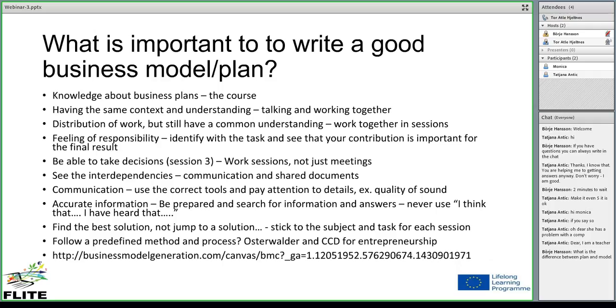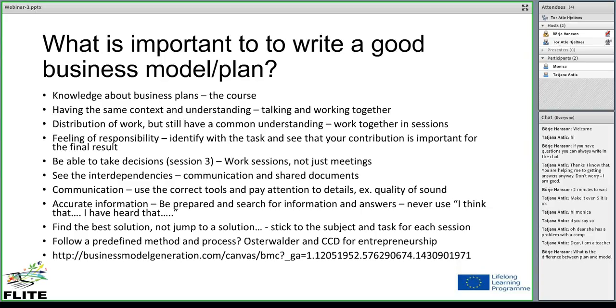all the people involved in the writing, all the people in the group, should have the same context and the same understanding. Because if maybe Mario from Spain has one business idea, and he is going to work together with you other students from different parts of Europe, it's important that his idea and his thoughts can be transferred into your head, so to speak, so that you understand and have the same view upon the business idea and what the challenge is.